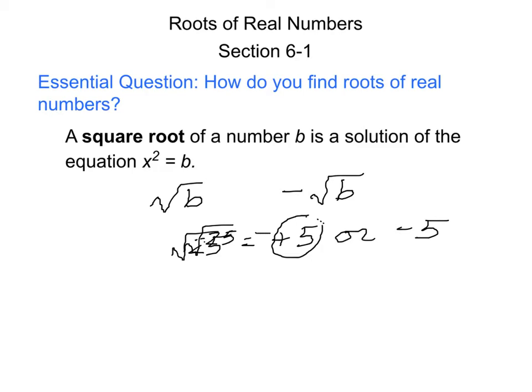Now that could obviously equal plus 5, or it could equal minus 5. Now, one thing you need to know is that the positive square root is referred to as the principal square root of the number. So the principal square root of 25 in this case is plus 5.